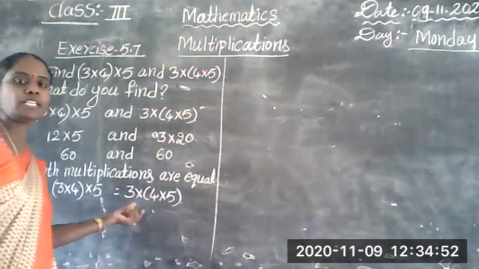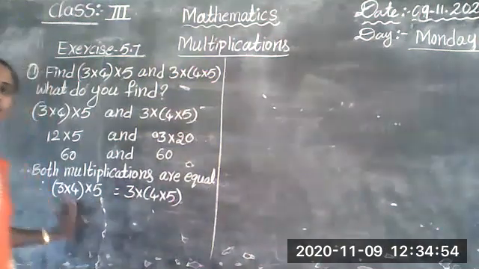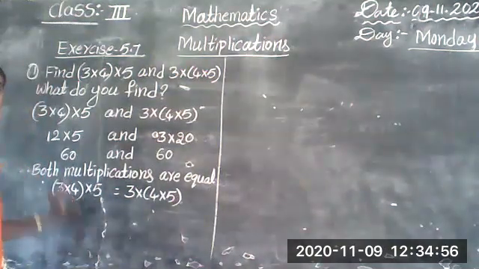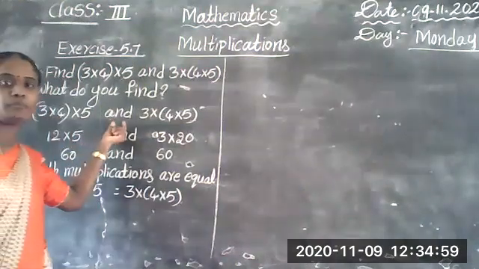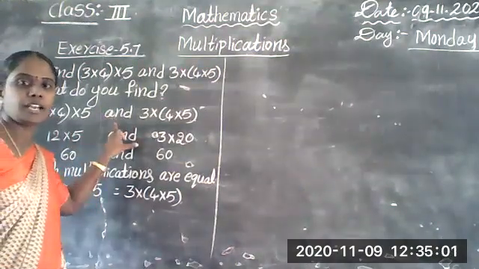Both multiplications are equal. (3 × 4) × 5 equals 3 × (4 × 5). Okay, both are equal. We find both multiplications are equal. This is the answer. First, write down the given multiplications.